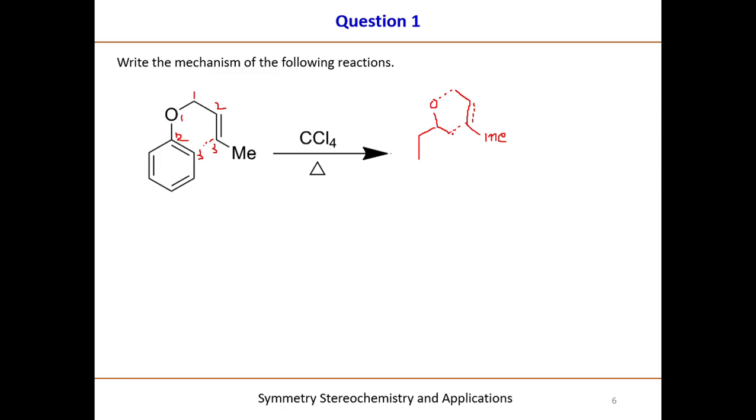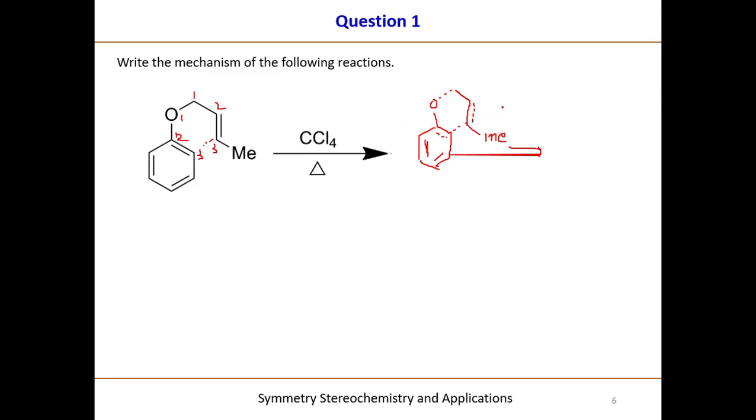This is called a concerted mechanism. Bond breaking and bond making take place simultaneously. That's why it's known as a concerted mechanism. And the other two pi bonds will remain as they are. Okay, so here, as I told you, new bond formation will take place and one bond breaking takes place.